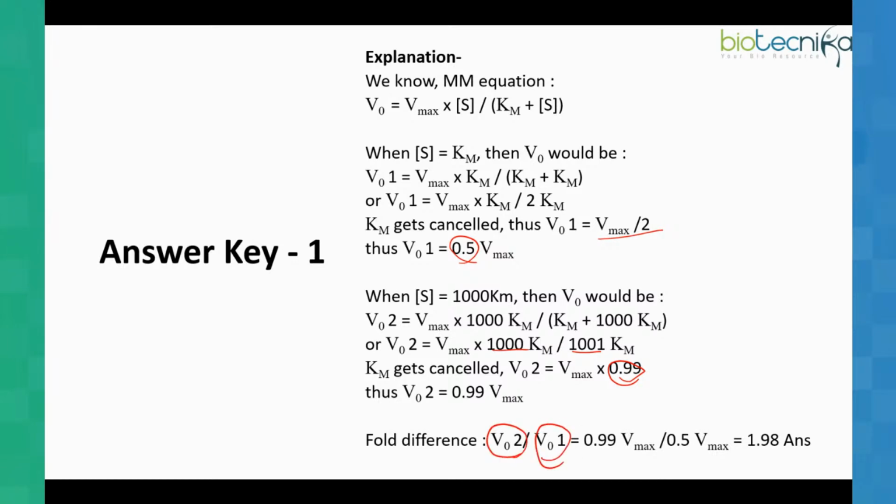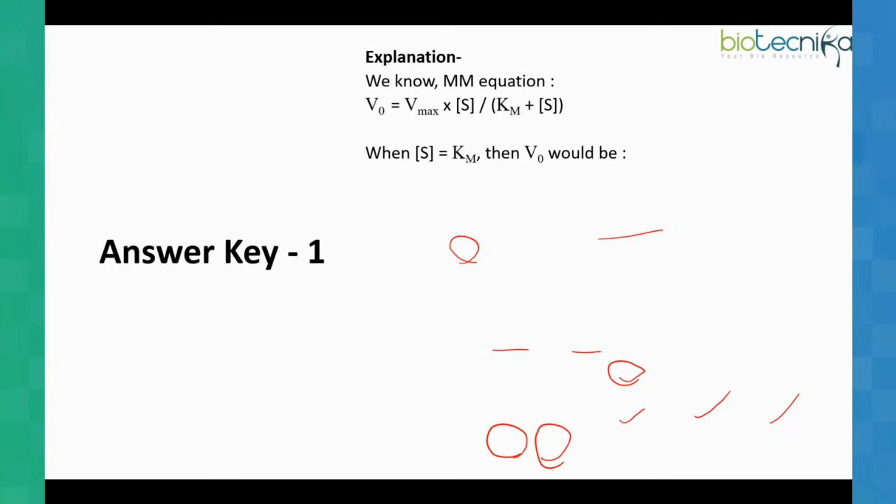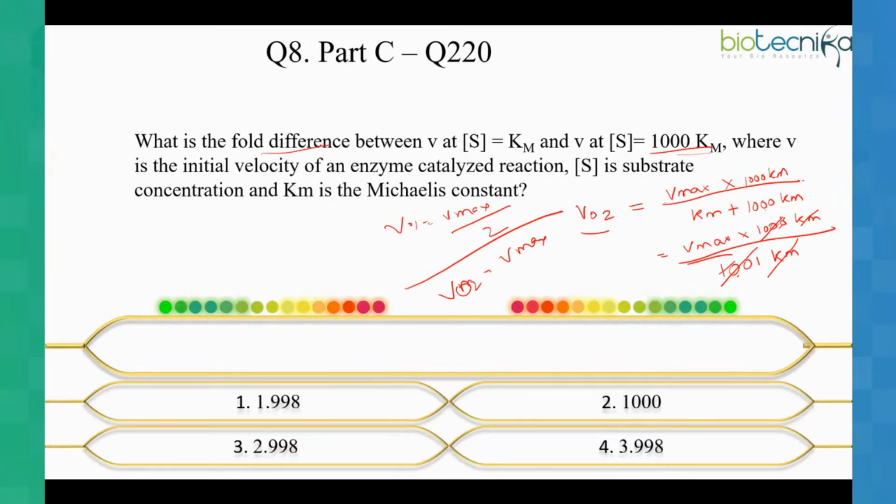So it will be 0.99 Vmax by 0.5 Vmax, which is almost 2, the 1.98 answer. If you don't want to calculate, you can just cancel out this way as I showed you, and you can guess the right answer. Yes, very good, Satyam. That's the right answer.